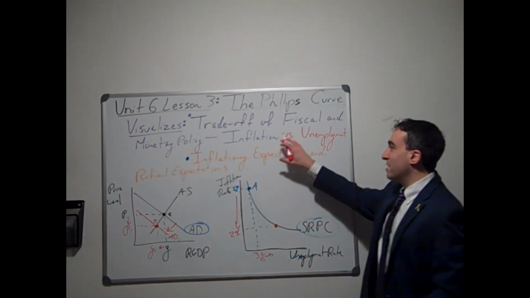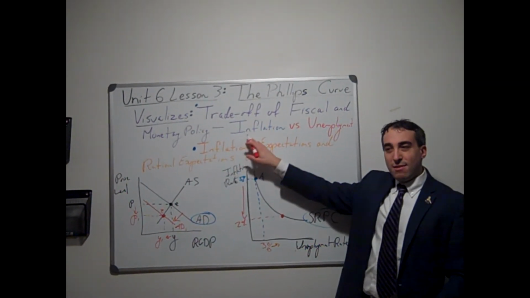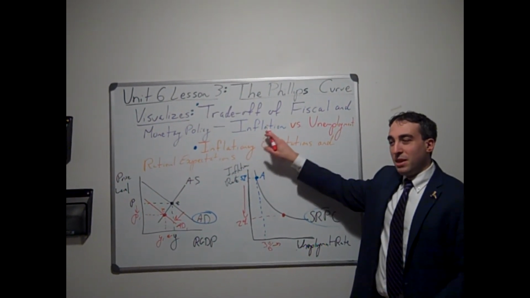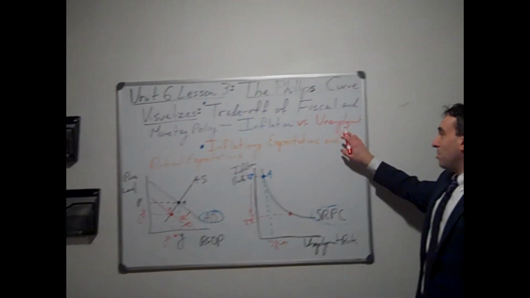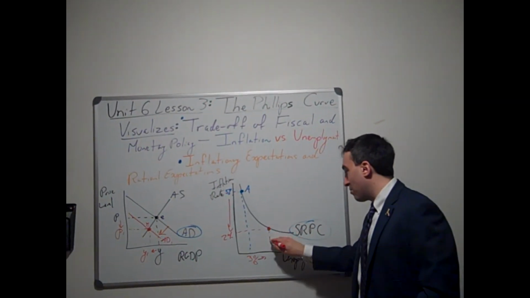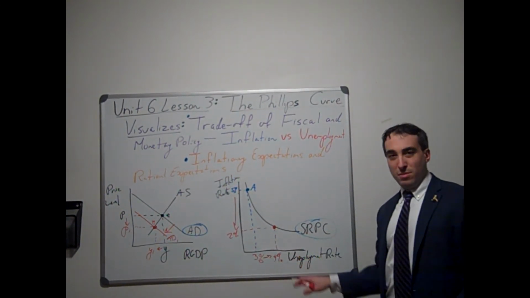We have solved inflation, but by using fiscal and monetary policy to solve inflation, we have now traded off and have caused an increase in unemployment.